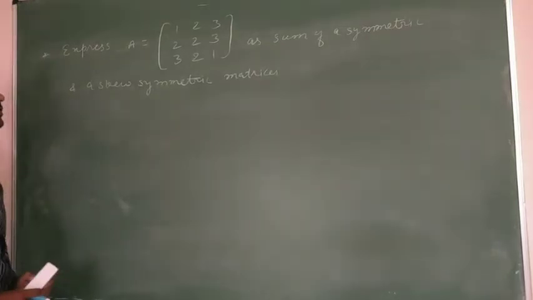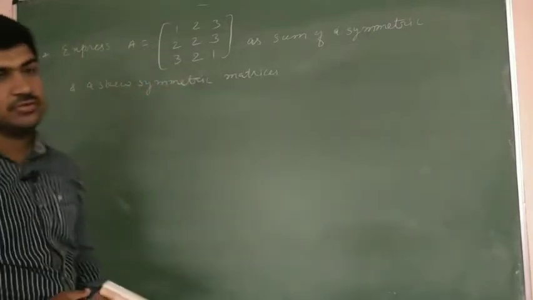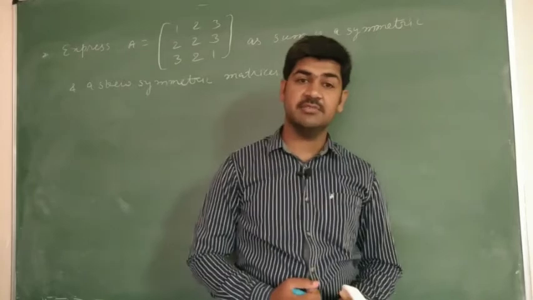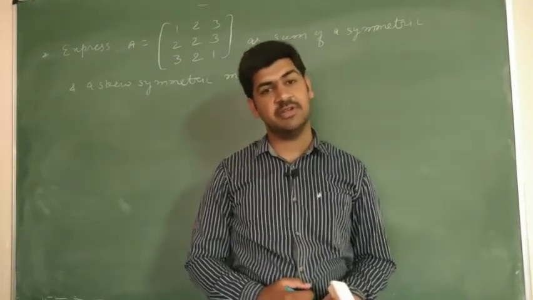So here we go. Dear students, if you remember, in the previous video I have taught you that any square matrix can be expressed as a sum of a symmetric and a skew symmetric matrices.